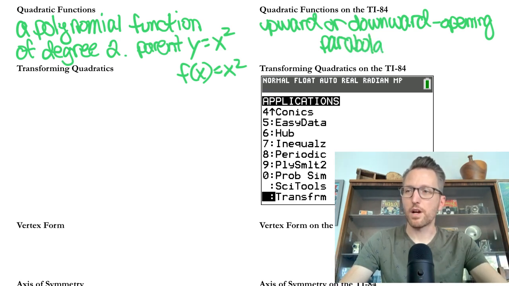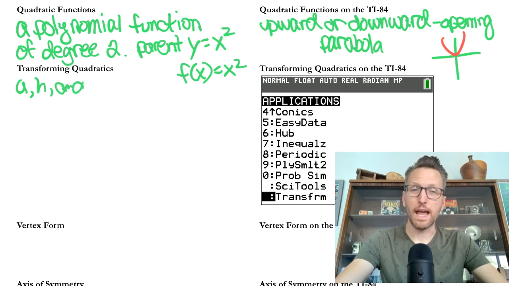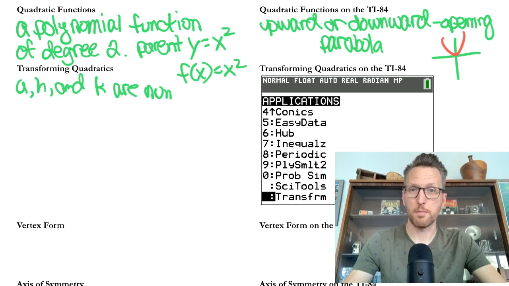Next thing, let's talk about transforming quadratics. There are 3 main ways that we could transform quadratics. Well, there's really a 4th way, but it's included in the first way. First thing I want you to know is that the letters A, H, and K that we'll use in these equations are just numbers.